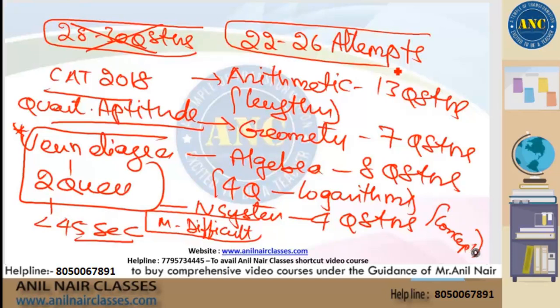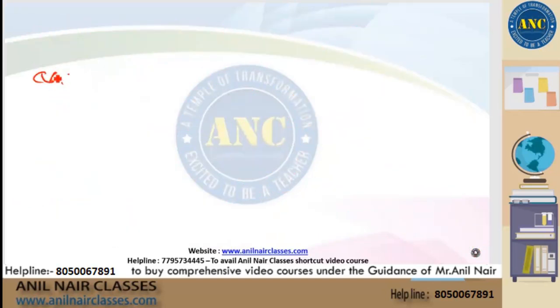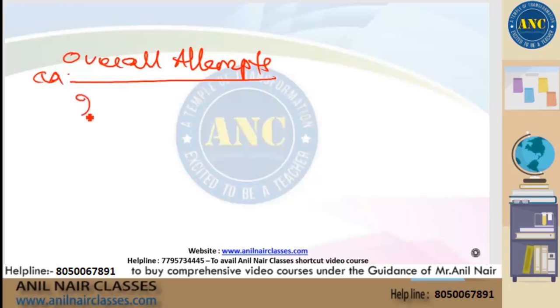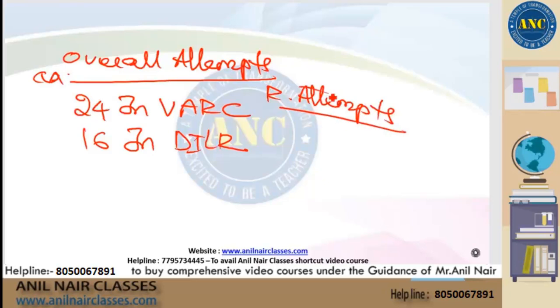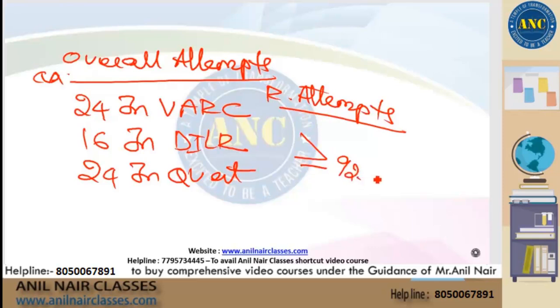So if you ask me about overall attempts, according to me, an attempt of close to 24 in VA and RC, 16 in DI and LR, and 24 in quant is right. 24 in quant will definitely fetch greater than or equivalent to 92 to 95 percentile.